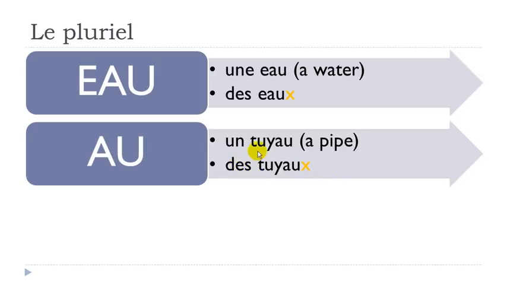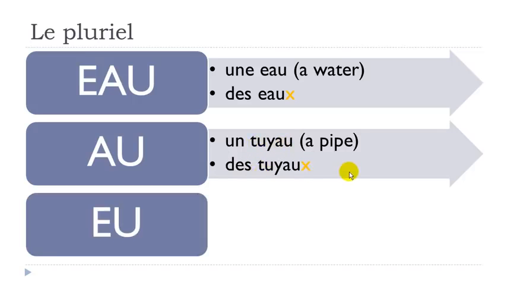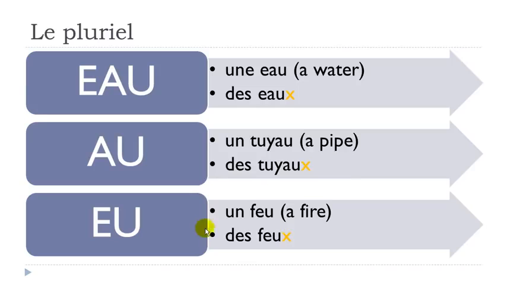So the only difference will be with the article, because the word will be pronounced the same way. And then the last group is the words ending with e, u. Let's take one example. Un feu, and basically the same rule. You don't put s, but you put x instead, and you don't pronounce it. Des feux, un feu, des feux.